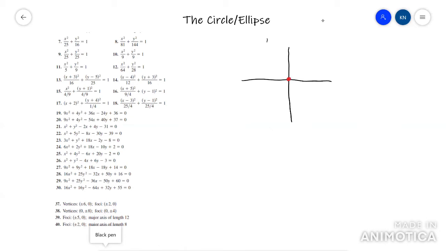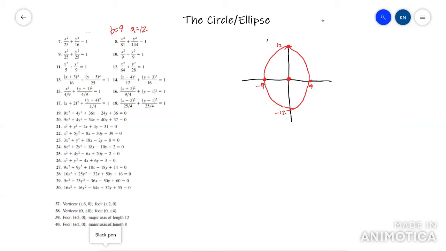A is 12. B is 9. So that means I go 12 vertical and 9 horizontal. So this is a vertical ellipse.